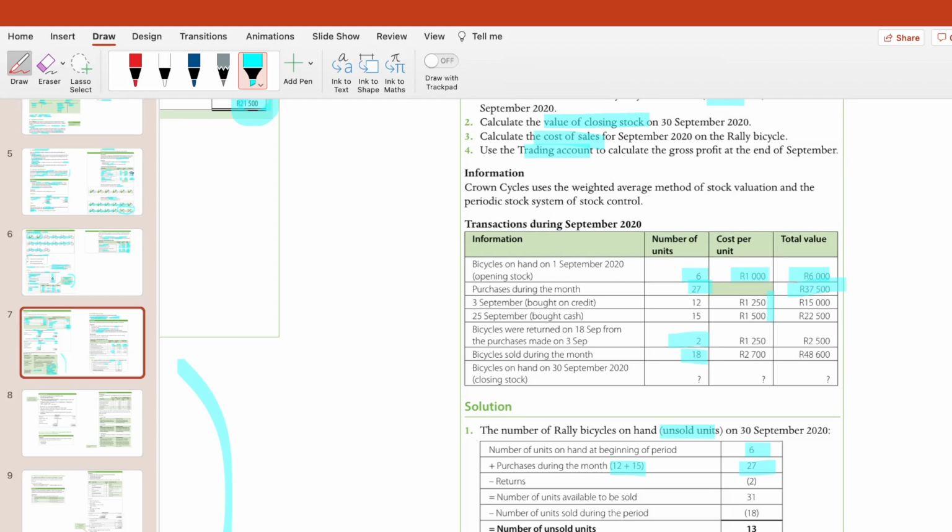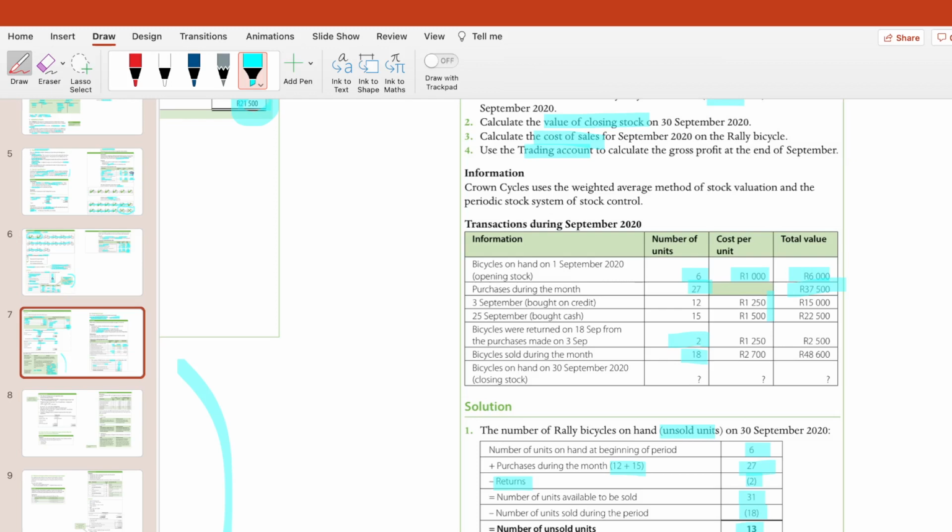Then the 6 plus the 27, we minus the returns, the 2, and that equals 31. And then we minus the units sold, that's 18. The total number of unsold units at the end of the month is then 13. So this is the easy part.